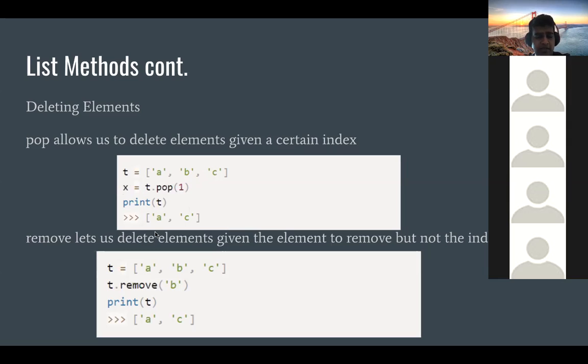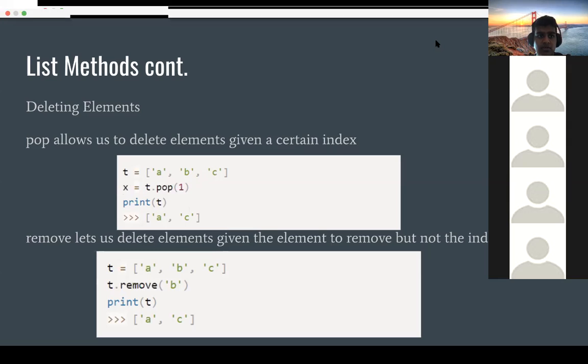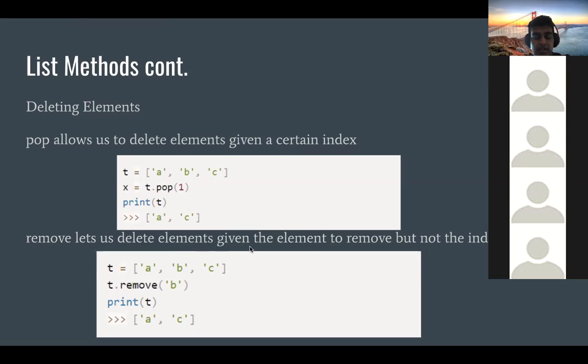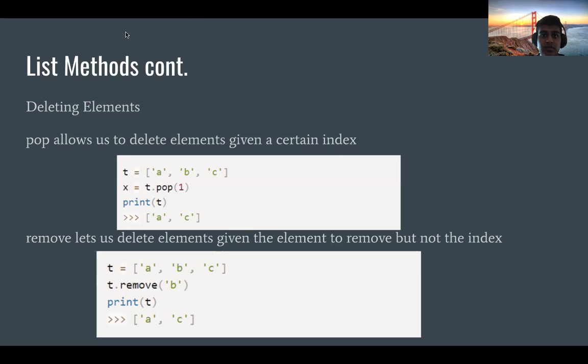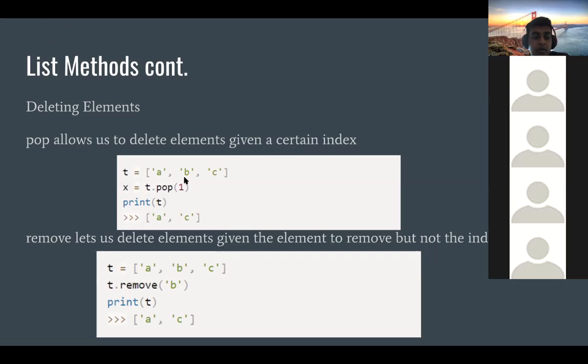Now we have the other method, which is remove, which lets us delete elements given the element to remove, but not the index. So let's say I just want to remove the letter B from this list. Basically what it'll do is go through the list and remove the first occurrence of the thing it's looking for.